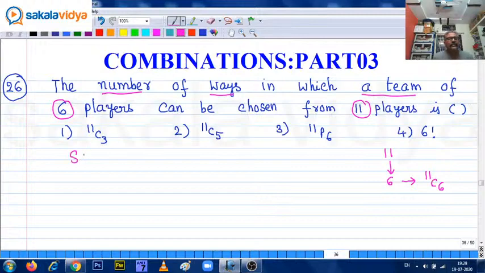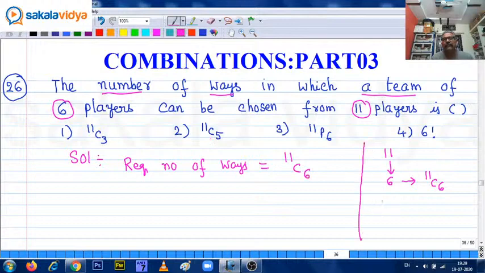The required number of selections: out of 11, 6 are to be selected, 11C6. We have one important formula, nCr equals nC(n minus r). This we can write as 11C(11 minus 6). 11C6 is the same as 11C5. That means the second option is the right option.